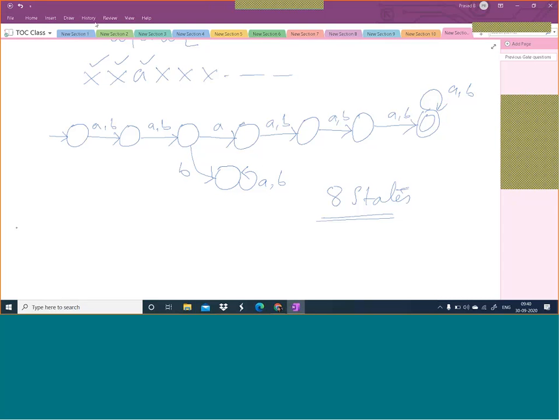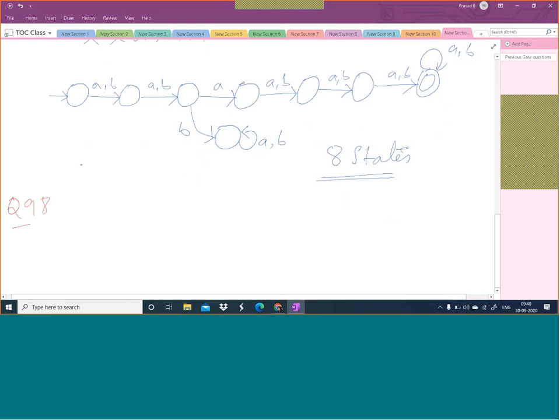The regular expression is given. The number of states in the minimal DFA that accept the language represented by the regular expression. This is the regular expression given.